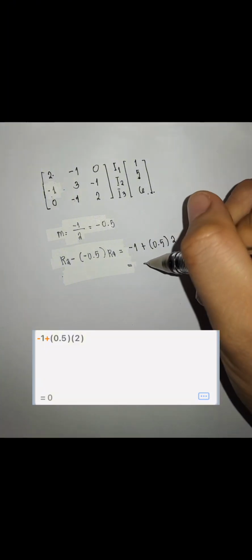Then we have the formula R2 minus 0.5 R1: negative 1 plus 0.5 is equal to 0.